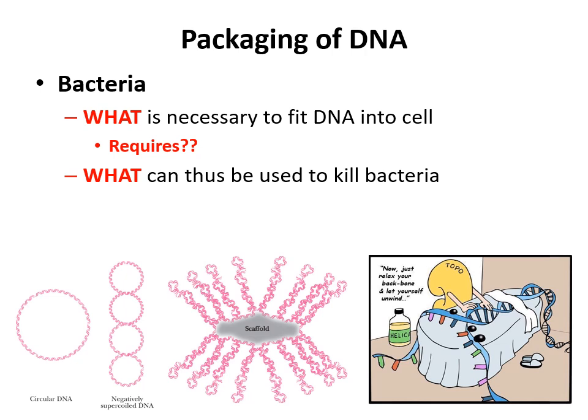Now, first, we'll take a look at bacteria. When we talk about bacterial packaging of DNA, what's necessary first is called supercoiling. Supercoiling is necessary to fit the DNA into cells, and you see all of this ultra coiling here of DNA.